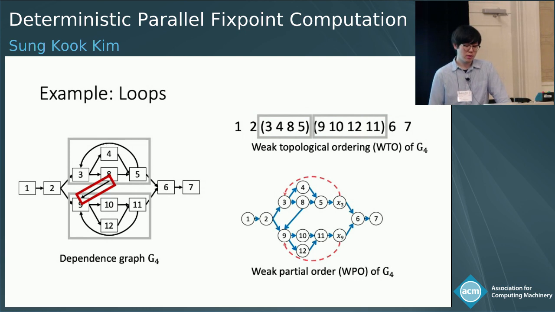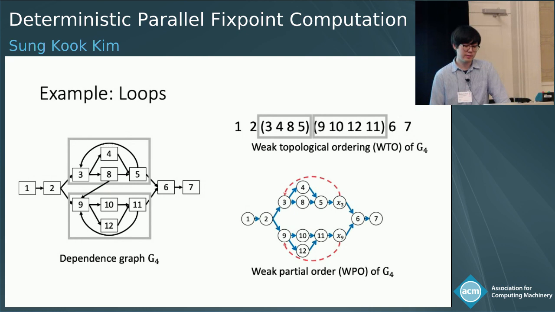In WPO, one might think that adding the same edge is the correct way, but this actually leads to non-determinism by letting the intermediate values of 8 lead to 9. That is, this 8 is in this loop above, and if the check fails for this loop, it iterates over the loop again, and it invalidates the previous value of 8 by updating it.